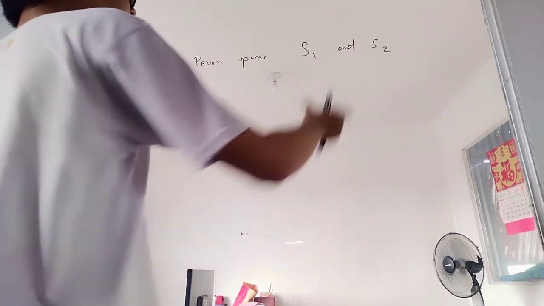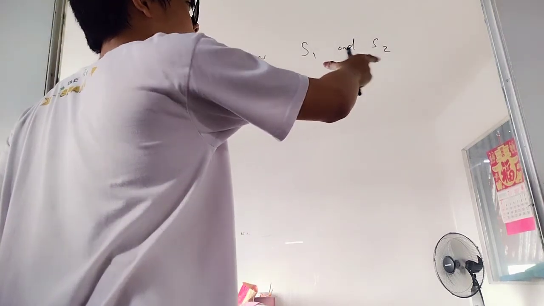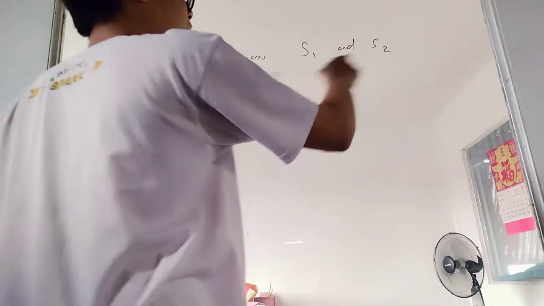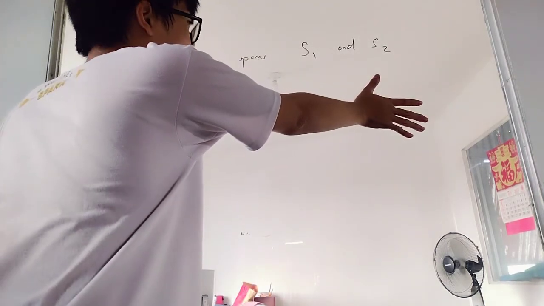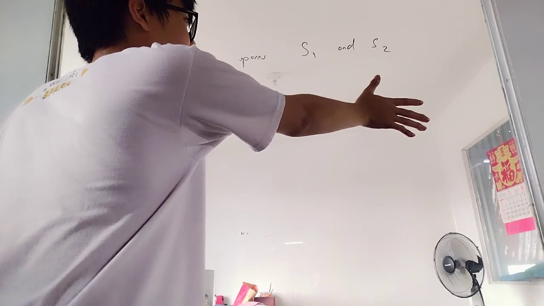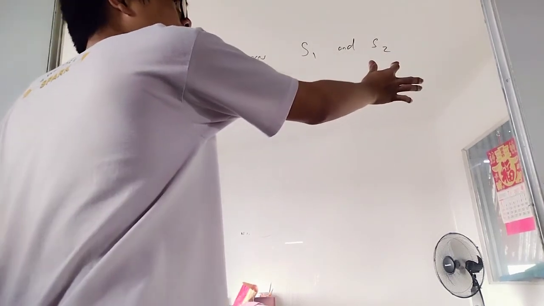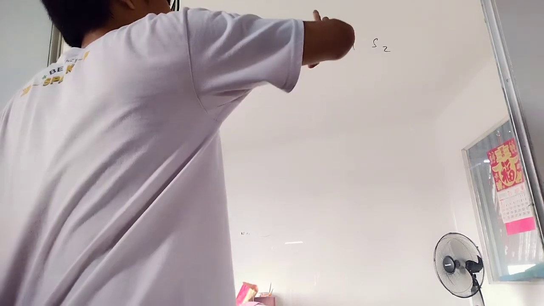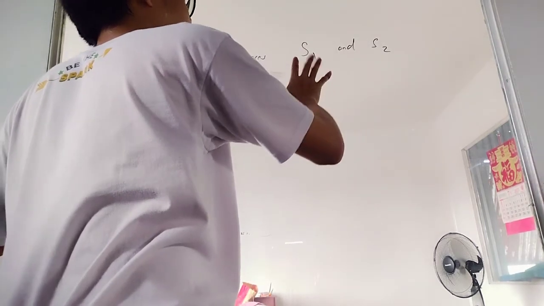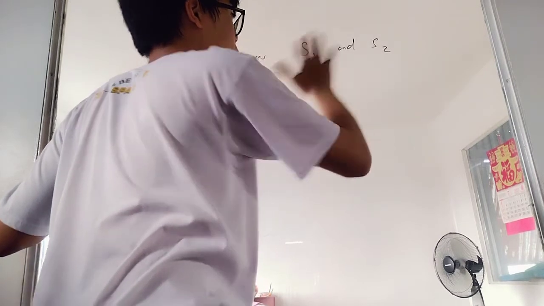When we define a homeomorphism with these two, or if there's a homeomorphism between S1 and S2, which can be thought of as a movement or a switching of positions, then we say that S1 and S2 are locally homeomorphic. That means we can map subsets of this onto subsets of this and vice versa.